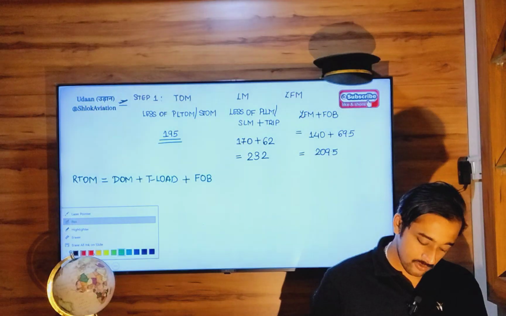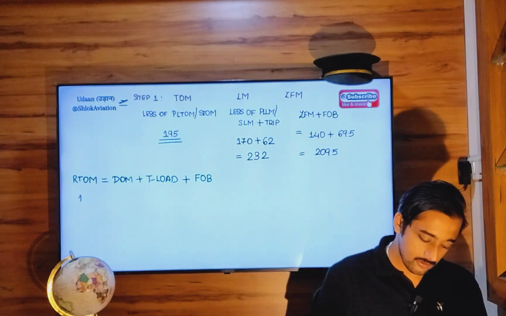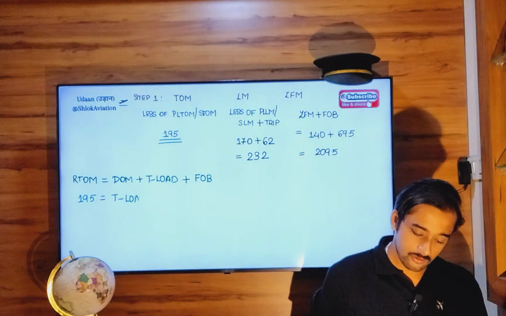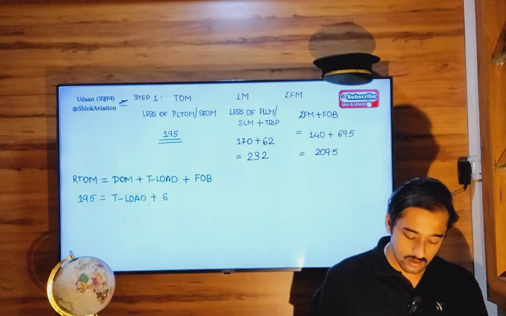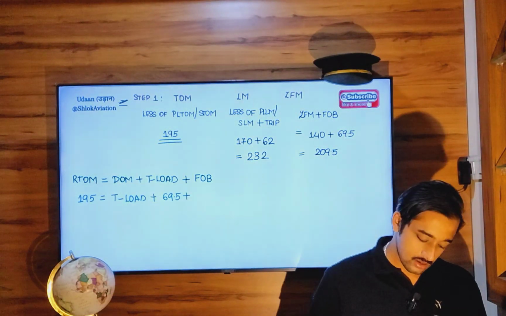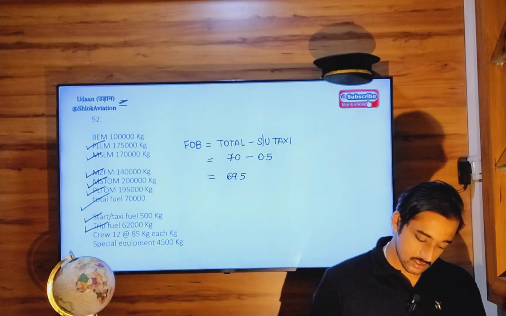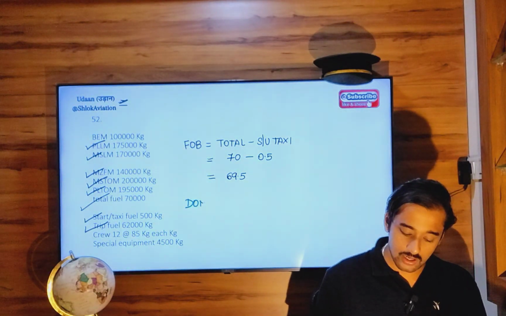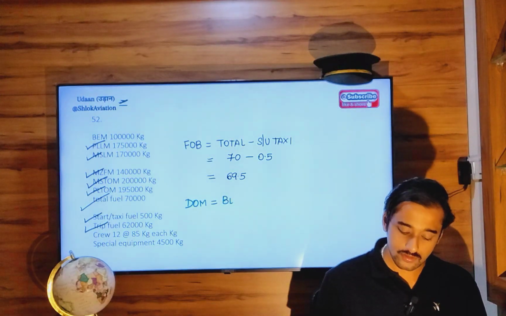Regulated takeoff mass is 195, fuel on board 69.5. DOM is also not given to you directly. We know DOM is equal to basic empty mass plus variable load.